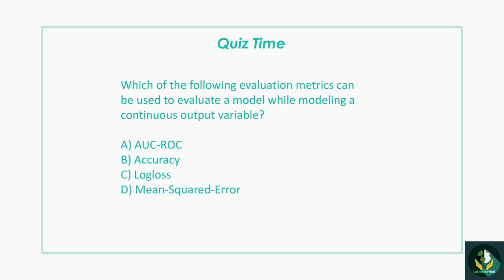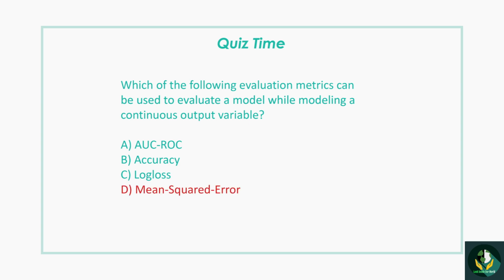Before moving on to the next session, let me ask you a question. Which of the following evaluation metrics can be used to evaluate a model while modeling a continuous output variable? A. AUC-ROC. B. Accuracy. C. Log loss. D. Mean squared error.